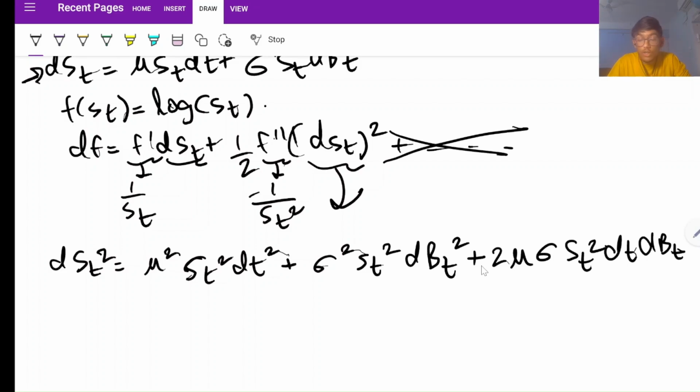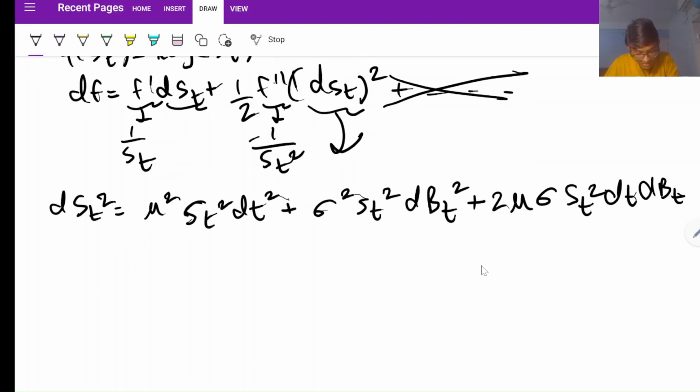Well, there's something called the quadratic variation of a Wiener process, which states that Bt squared is basically of order t, and so (dBt) squared will basically be of order dt. And hence, the first term here will be 0, the last term here will be 0, and this middle term will be sigma squared St squared dt.